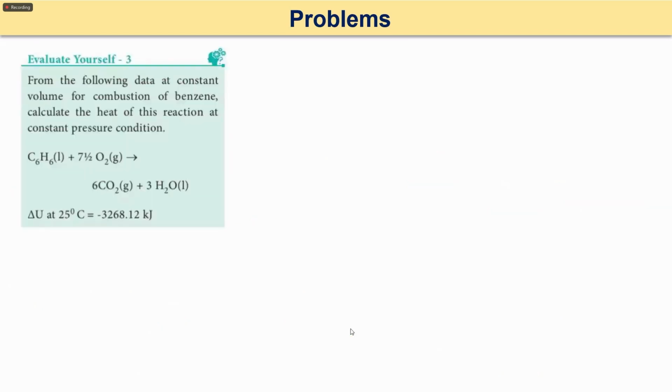Let us move to the next question. Here it is given that from the following data at constant volume for combustion of benzene, calculate the heat of this reaction at constant pressure. Here we have to do the same thing.